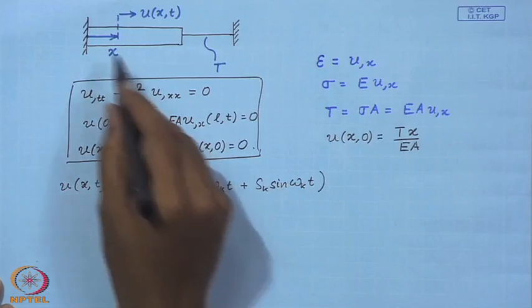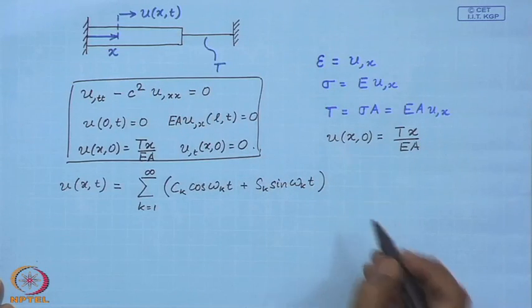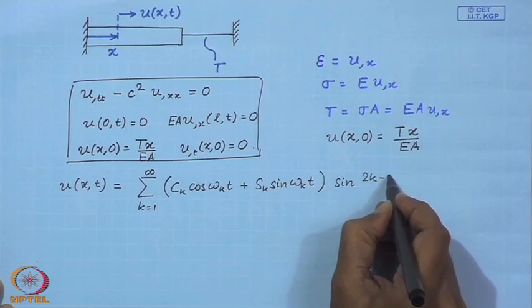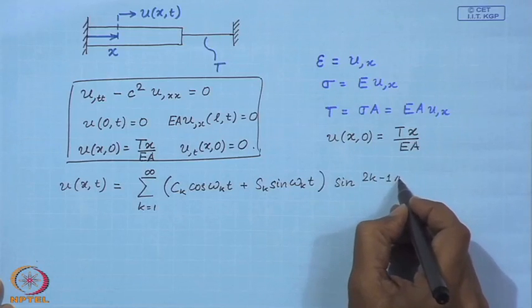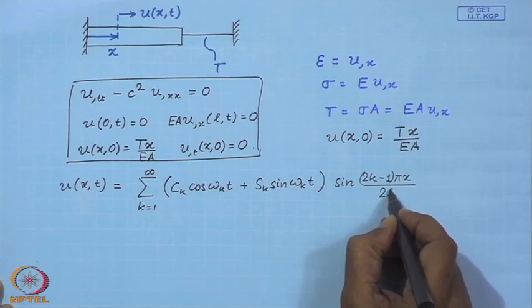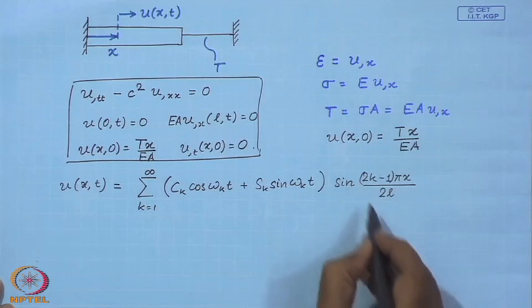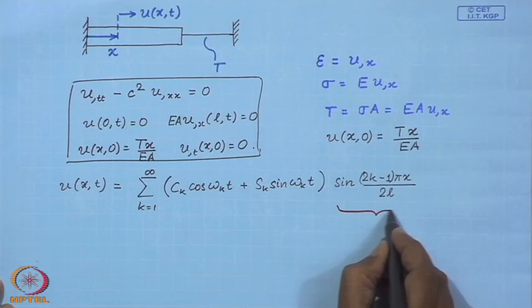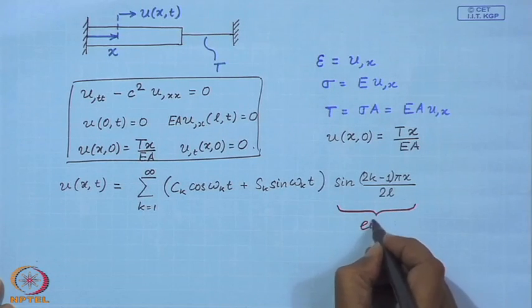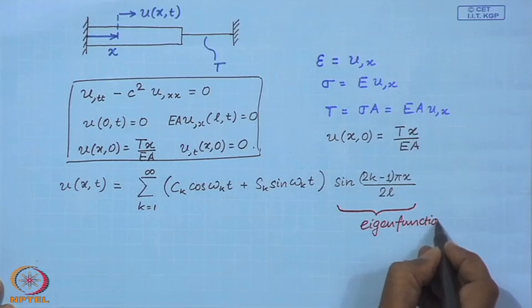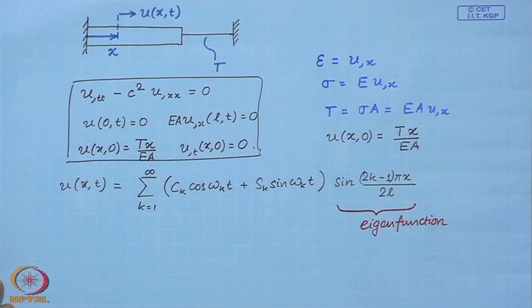So, the eigenfunctions of a fixed free bar are given by these. These are the eigenfunctions of the fixed free bar that we already know.